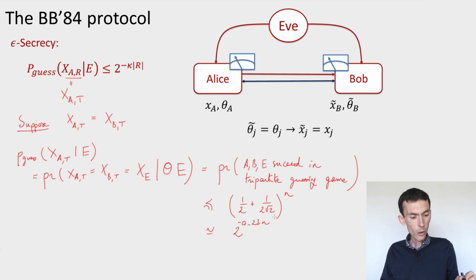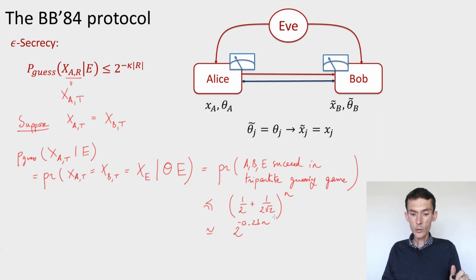So there we are, under these two simplifying assumptions that the rounds used for the raw key and the rounds used for the testing are the same, and that the tests pass with certainty, so we observe perfect agreement, then security for BB84 via privacy amplification is reduced to showing that the success probability of A, B, and E in the tripartite guessing game is as small as possible, which is something that we've already seen.